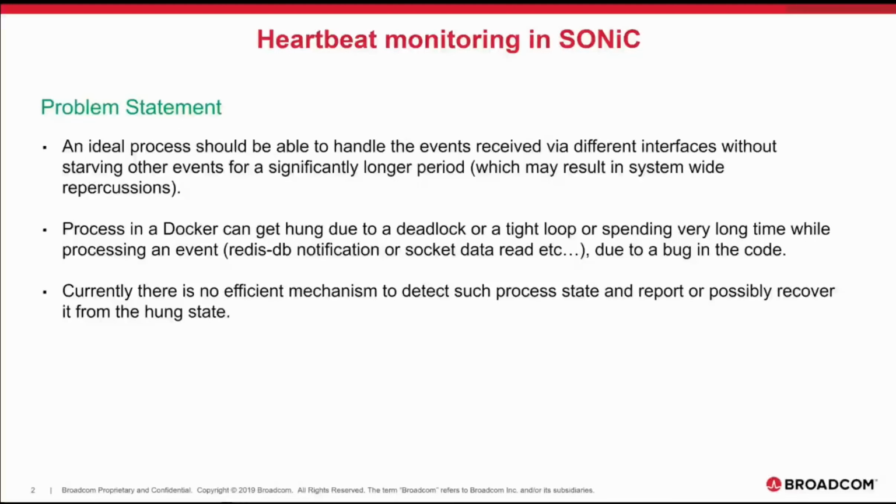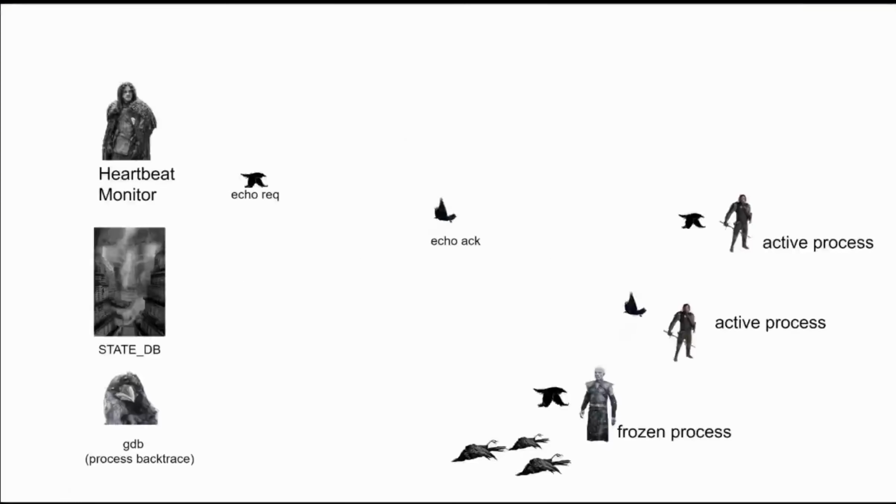Currently there is no efficient mechanism to detect such a process in a transient or permanent hung state, and thereby report it or possibly recover it from the hung state. The heartbeat monitor utility helps in achieving that.